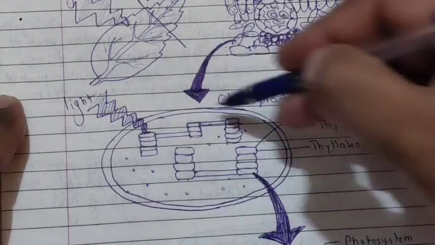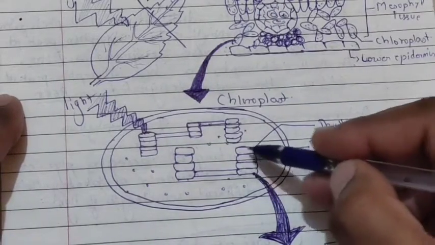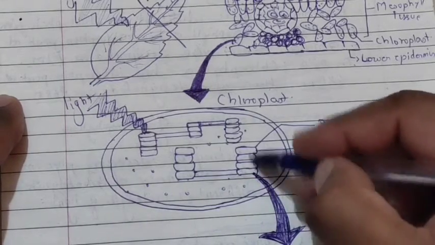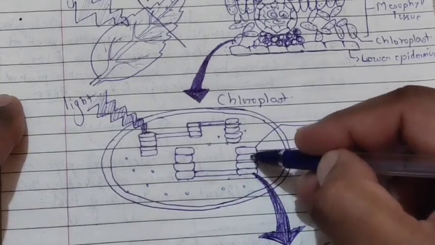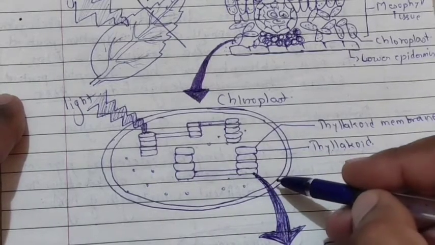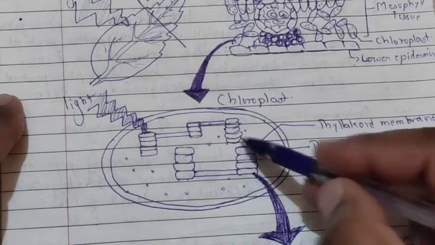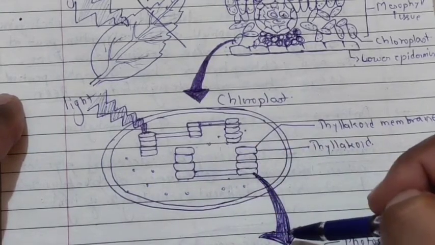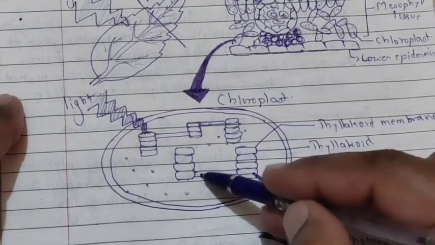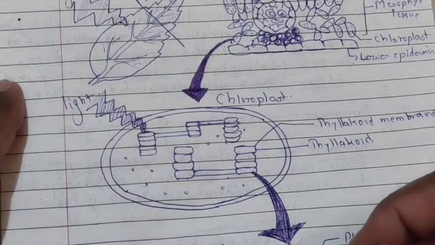First of all, the chloroplast is made up of a double membrane. Inside there are disc-like membranous structures, the thylakoids, arranged one above the other. This whole structure is called a grana, and the singular term is granum. The grana are connected to each other by a tubular structure called what? Stroma lamellae.